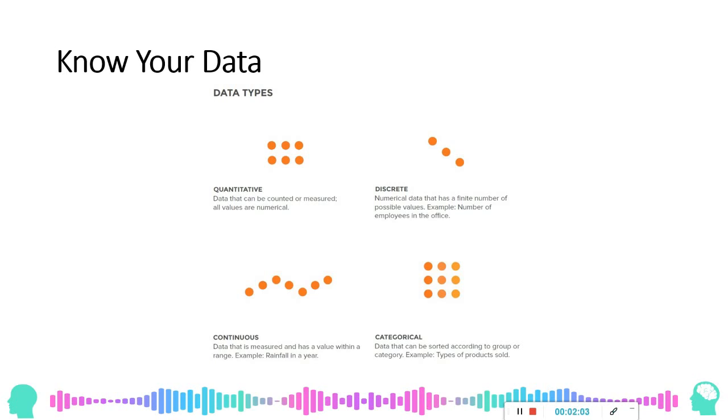But using categorical data, you cannot plot a line chart or scatter plot. So it is very important for you to know the types of data you are using. It will literally save your time from producing nonsensical charts.